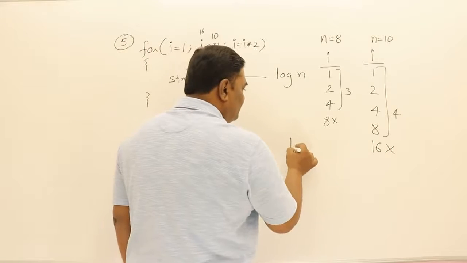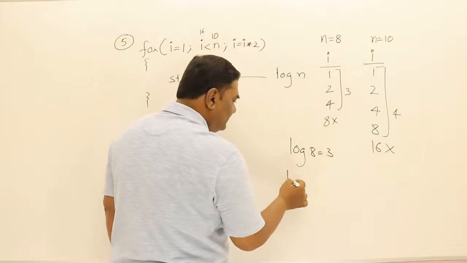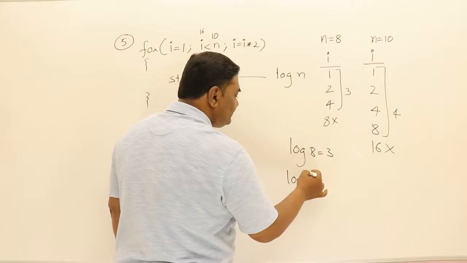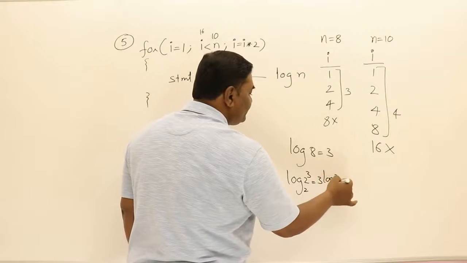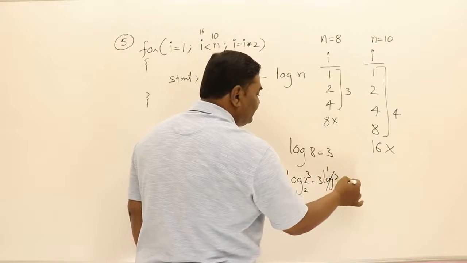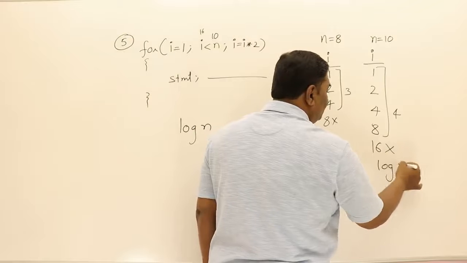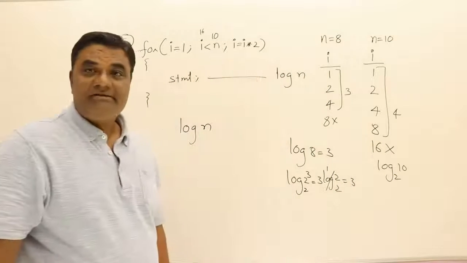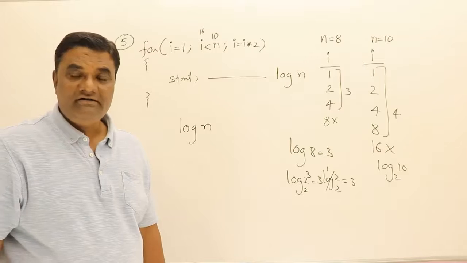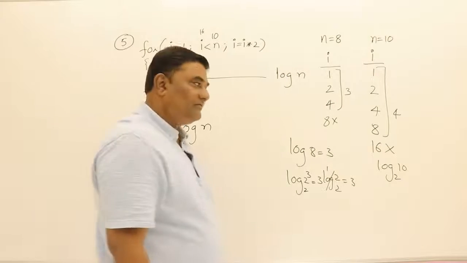If I find log 8 it will be 3. How? Log 8 is written as log 2 power 3 base 2, and it is written as 3 log 2 base 2, and this is 1. So the answer is 3. Now in the same way, if I find log 10 base 2, 10 is not an exact power of 2, so I may not get an integer value, I may get a decimal value, right?